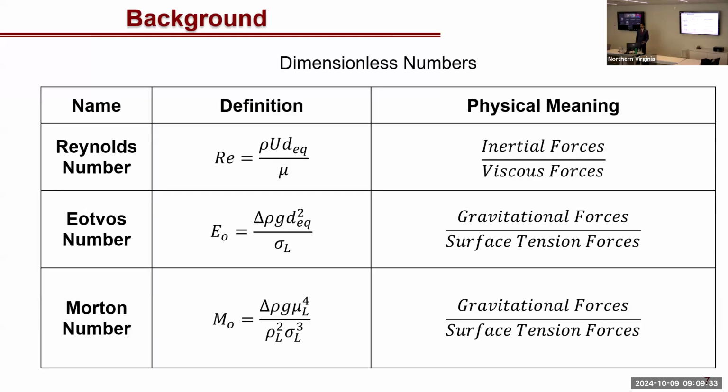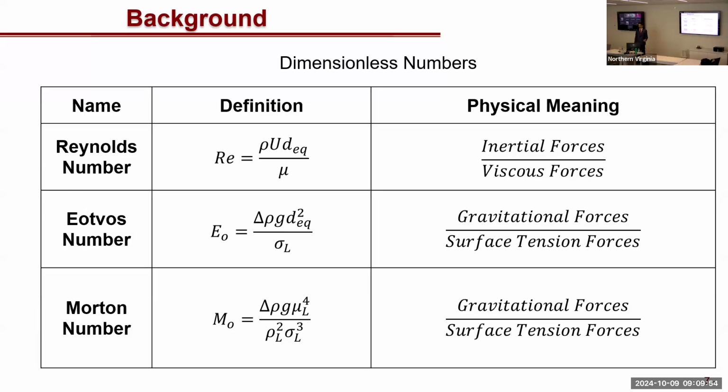The Reynolds number relates the inertial forces of each of the bubbles to the viscous forces of the fluid surrounding the bubbles. The Eötvös number relates the gravitational forces of those bubbles to the surface tension of the system surrounding it.